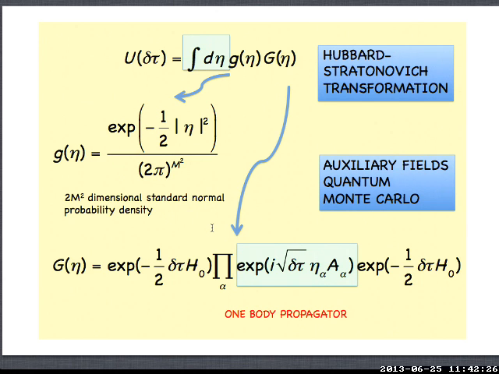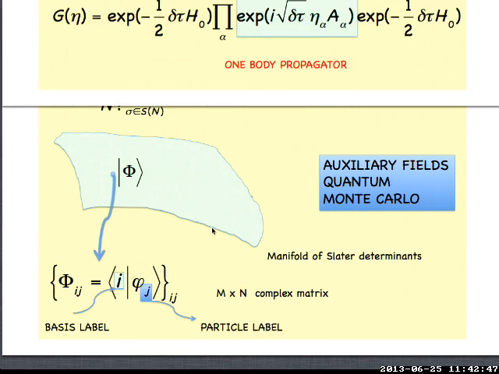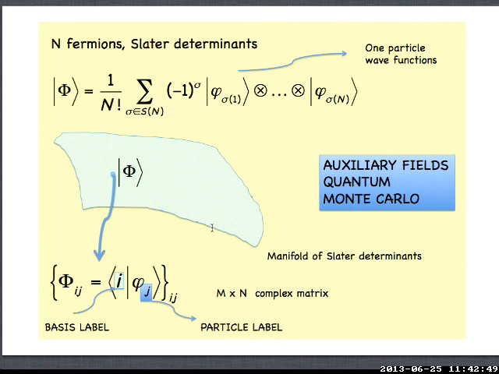So it is possible to rewrite an interacting propagator in terms of independent particle propagators characterized by stochastic fluctuating fields. The fee one has to pay is this integration, which recovers the full interacting Hamiltonian.